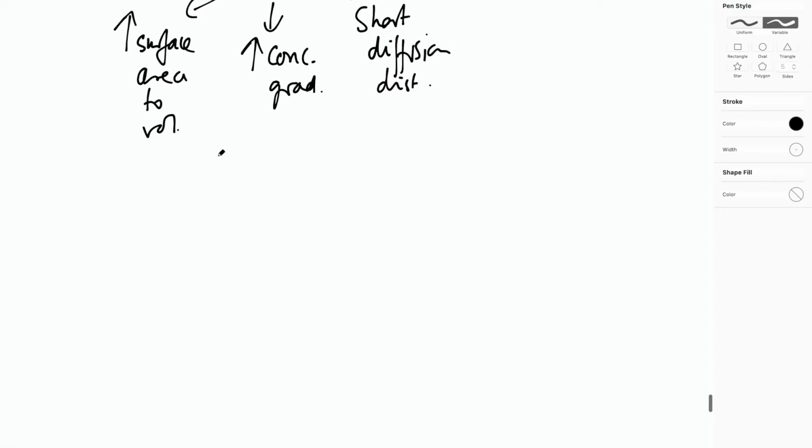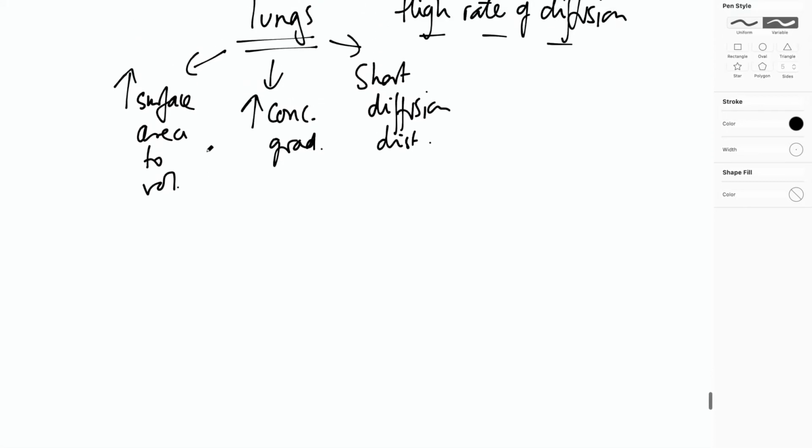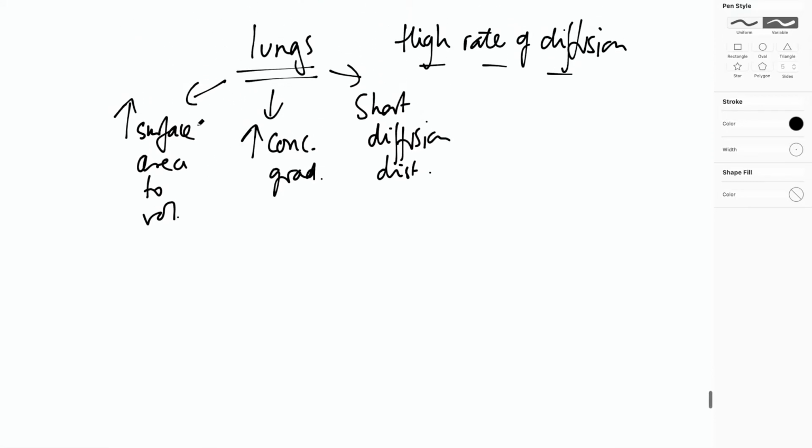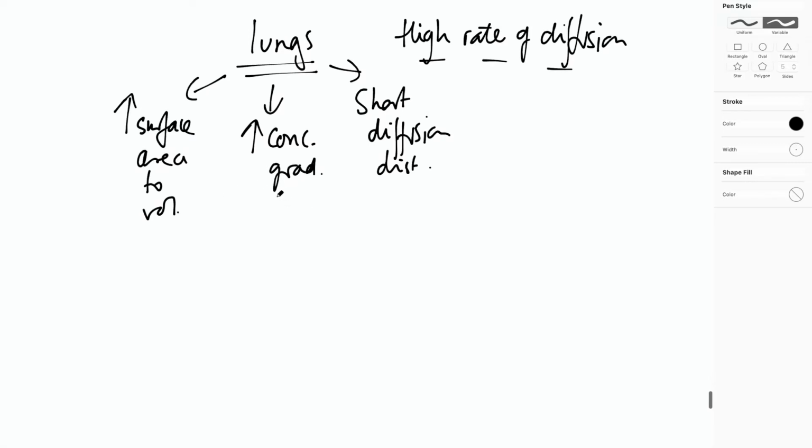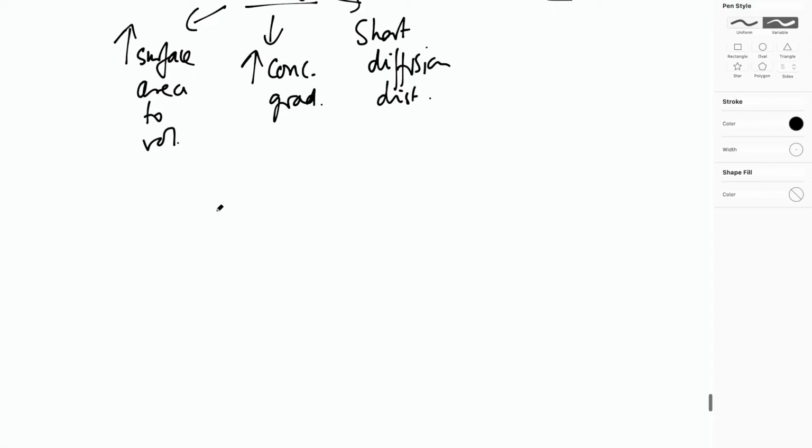So I think when talking about the lungs, we can't just jump straight in. We can't go straight into how they do the surface area to volume ratio, or how they do the concentration gradient. I think it's a little bit more involved than that. So we need to understand the structural details.